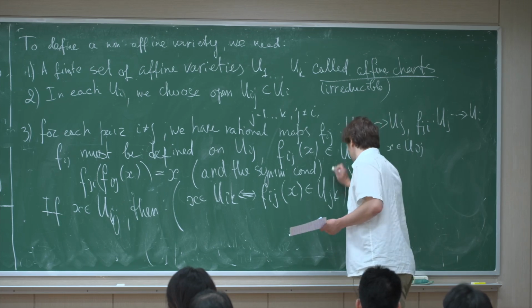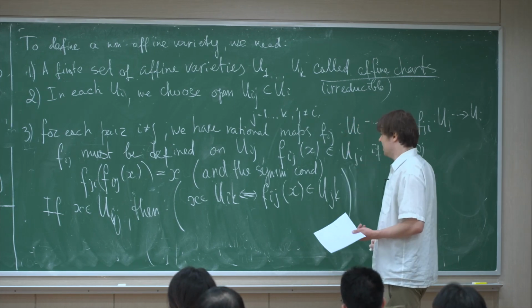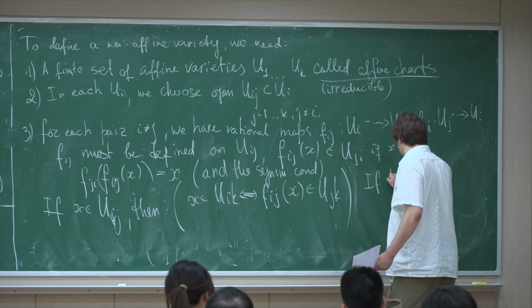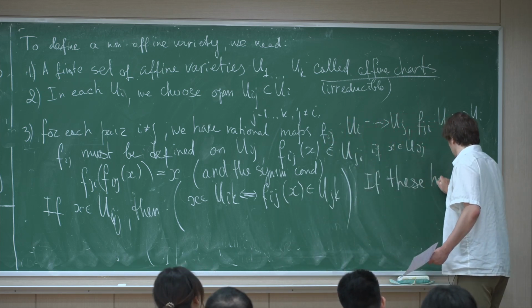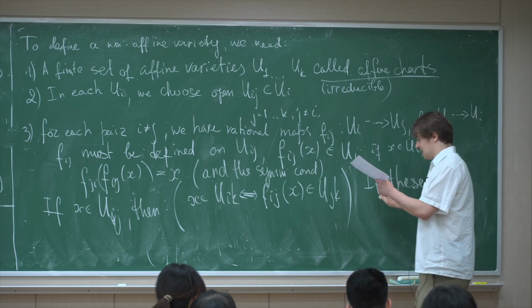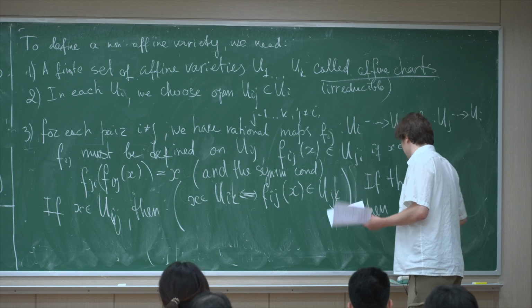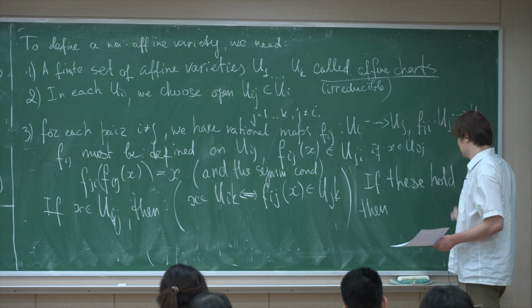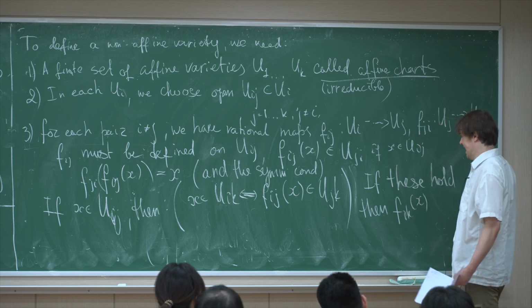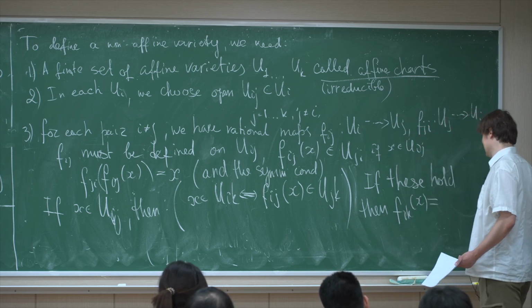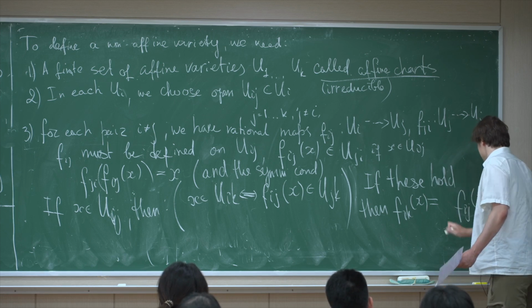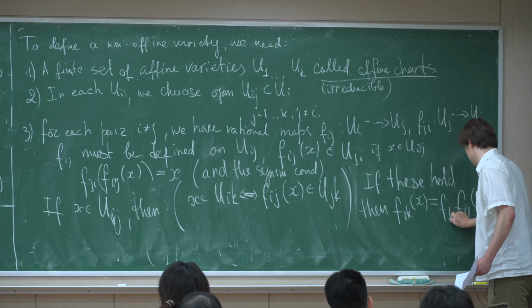And if these two conditions hold, then Fik of x, when we send x directly to k, is the same thing as when we first send x to j and then send it to k.